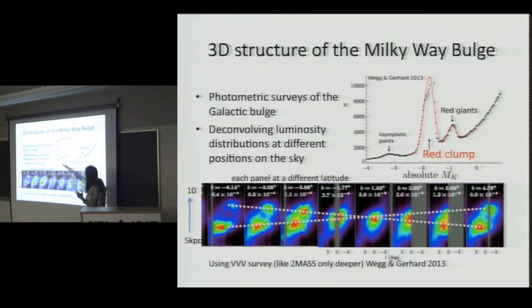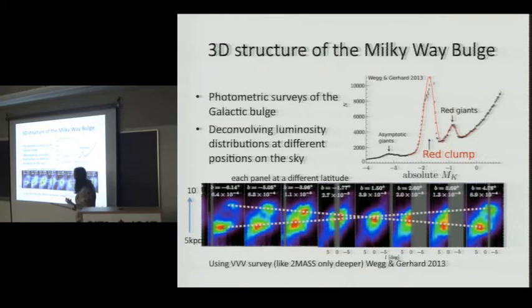I took this from a paper that just came out a couple weeks ago, where they show the luminosity distribution. You have asymptotic giants and red giants, and then this big thing called the red clump. Whatever luminosity distribution you're seeing, with stars at different distances, you deconvolve with this function to try and get the numbers of stars as a function of distance at different positions in the bulge.